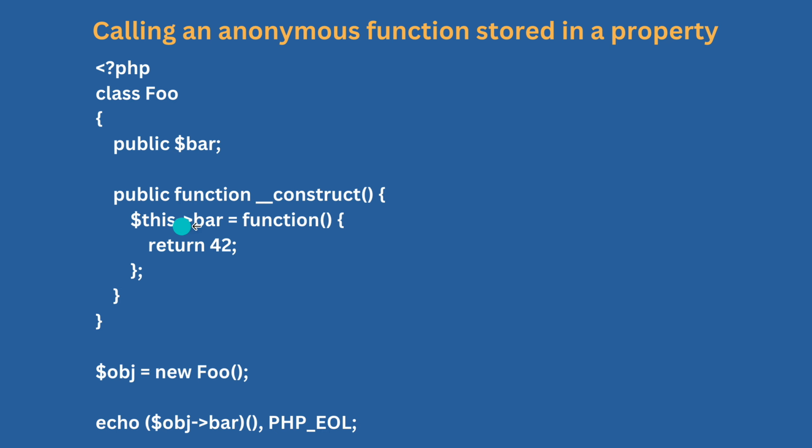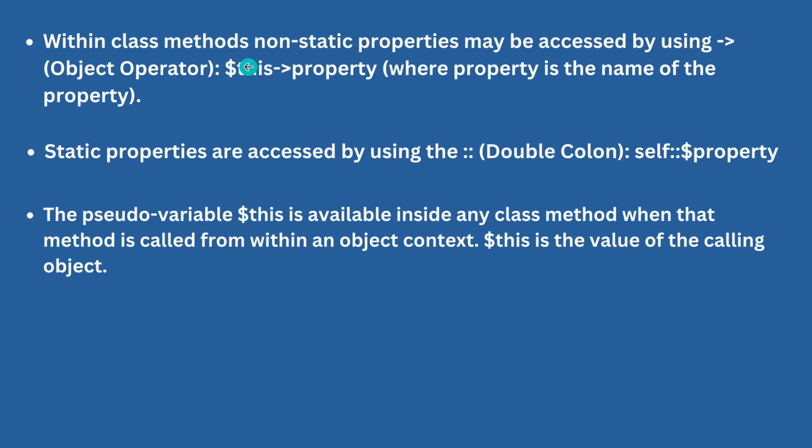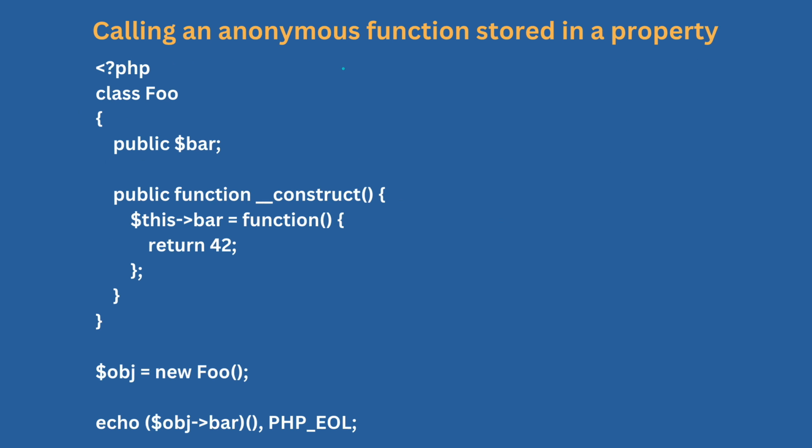Using $this, and then the name of the property. So within the class, if you are trying to access a property, you should use the this keyword, arrow, and then the property name.